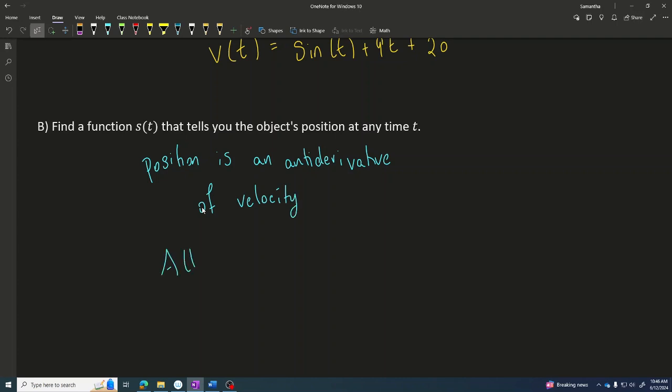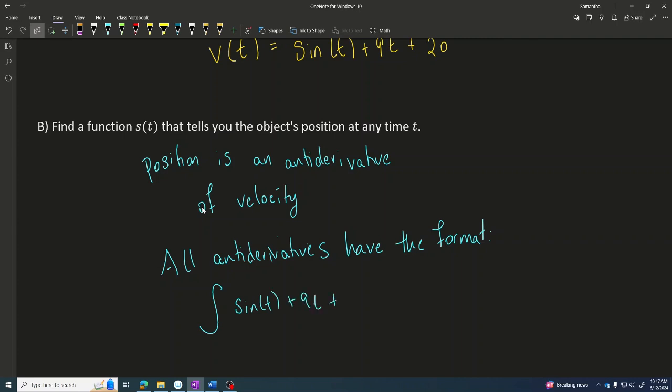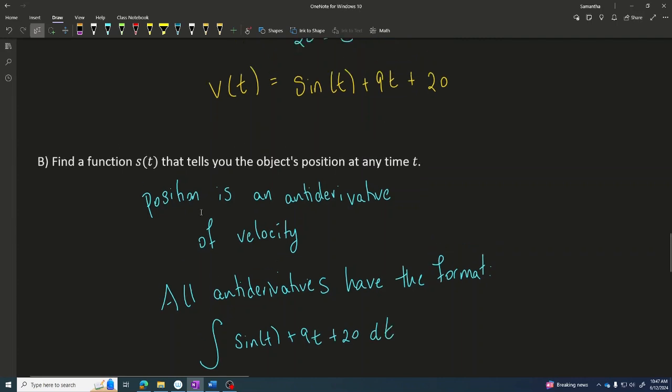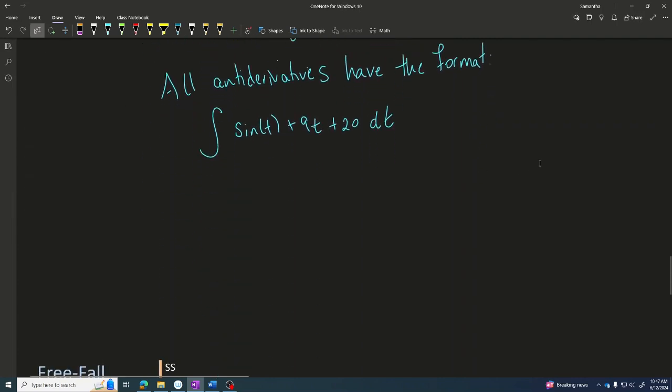All the antiderivatives of velocity have the format given by the indefinite integral of the velocity function. So I copy paste that velocity function from part A of this problem.